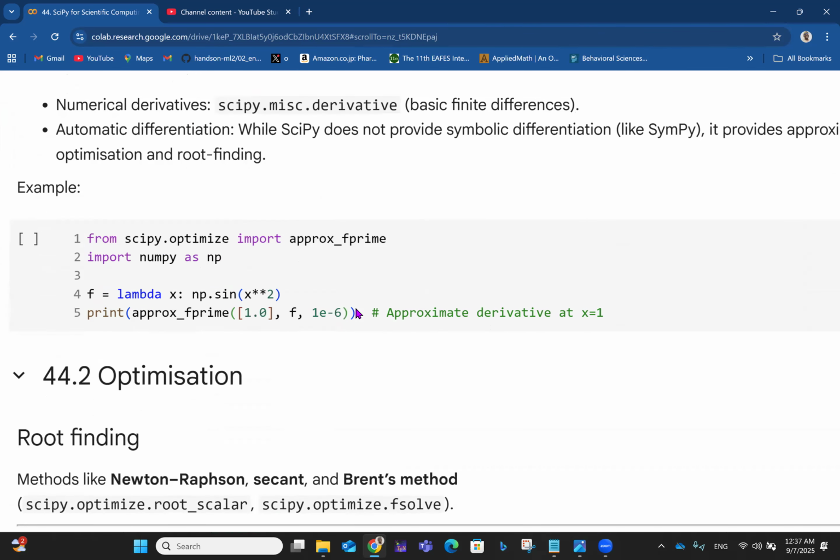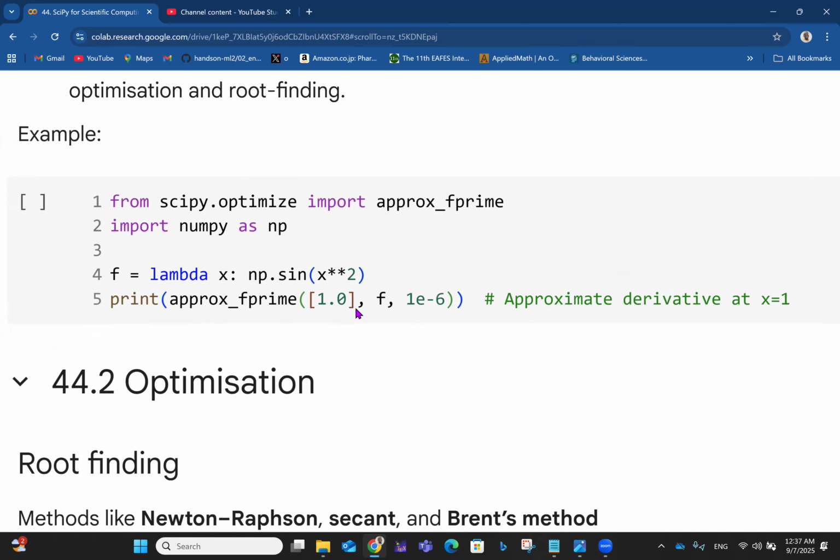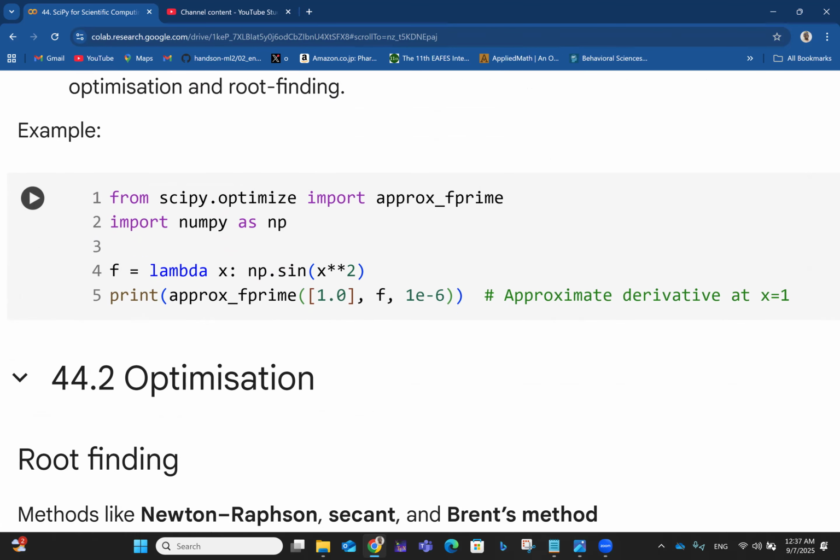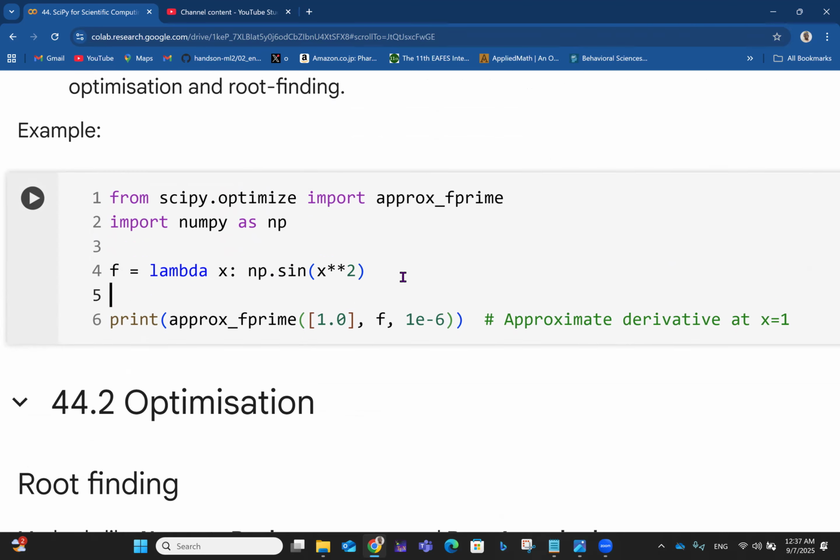So imagine this example. From scipy.optimize, we import approx_fprime, right? We now import numpy as np, and then we have f. We quickly define this lambda. We need sine x squared. Normally, if we differentiate sine x squared, that should be 2x cos x squared, right?